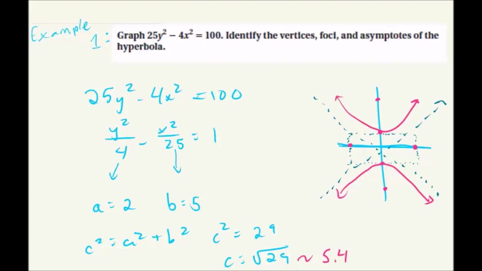So this graph is going to look something like this. And I'm going to label a couple points just so people know what I'm talking about. So this is 0, square root 29. I'll label one of the vertices. This is 0, 2. And I'll label one of these two. That's 5, 0. And we know that the other points are just the negative variation.